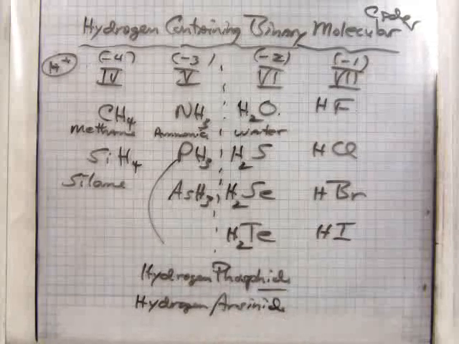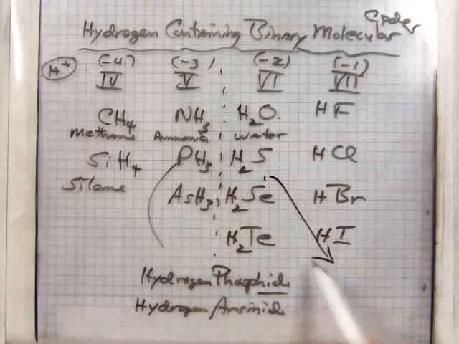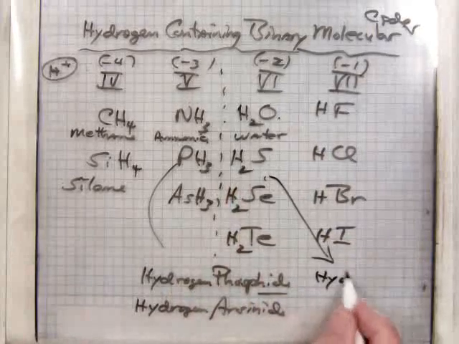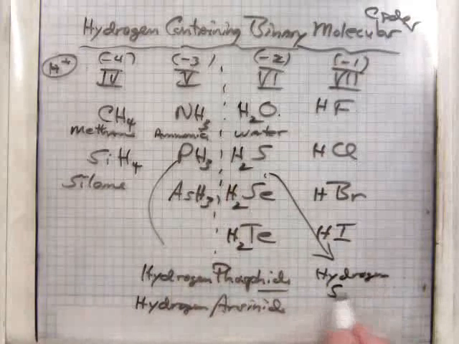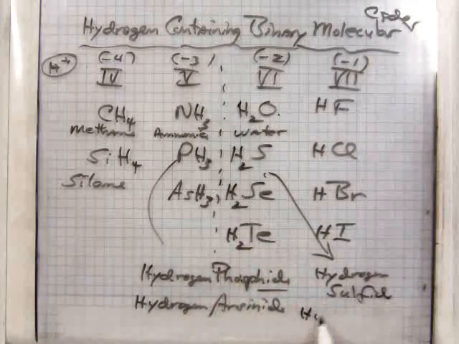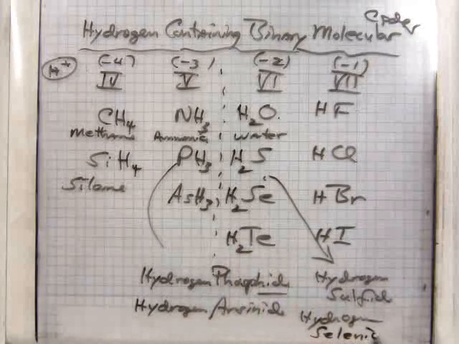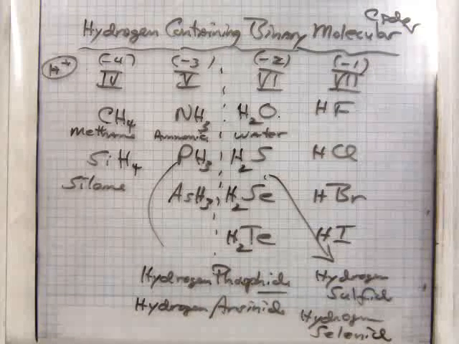Like that. So the IDE ending just says there's only one of those in the formula. And here is hydrogen sulfide. And of course, hydrogen selenide. So there are some common trends in the nomenclature formats that are here.